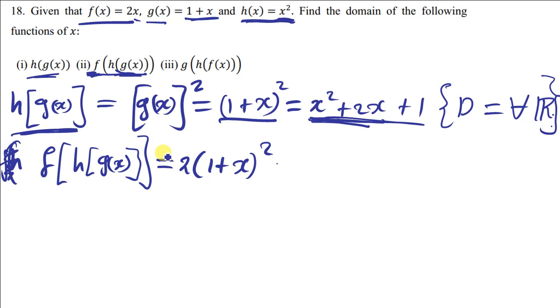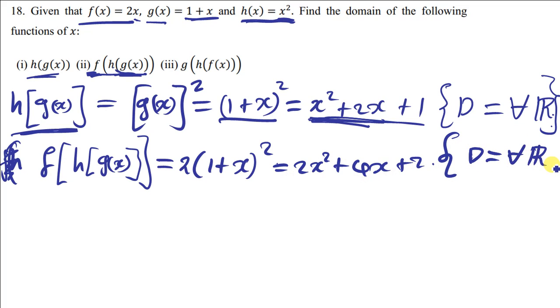If you want, you can multiply 2 by everything in this quadratic expression, which will give you 2x squared plus 4x plus 2. The domain of this expression will simply be all real numbers as well. It's also a quadratic expression. You can put any real number in this expression, and the answer will still be defined.